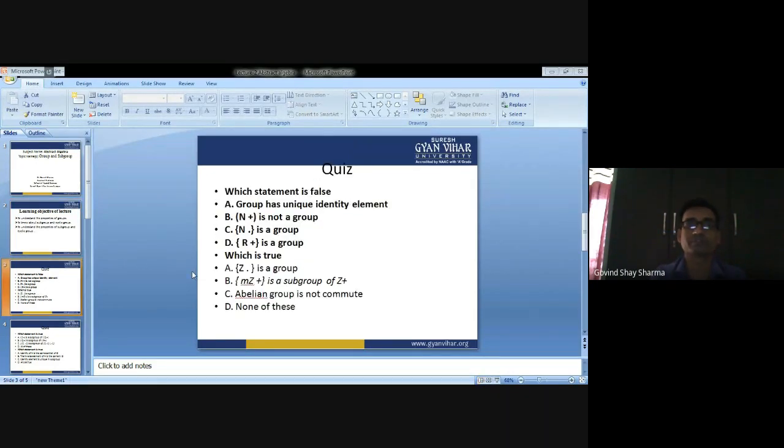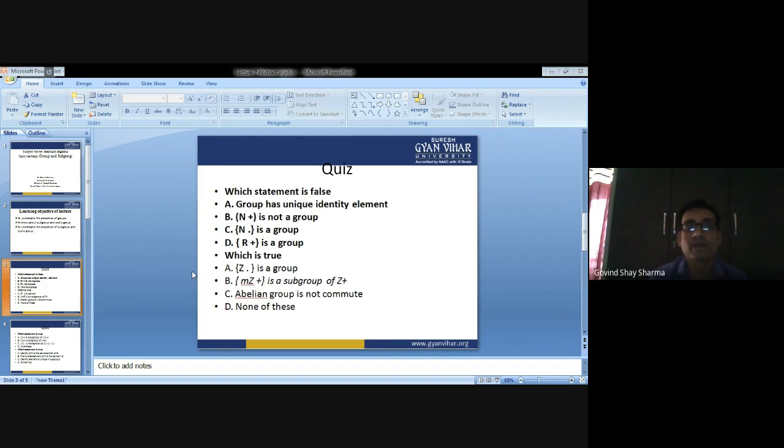Which statement is false? A group has a unique identity element. I proved in this lecture that a group has a unique identity element, so this is right. Plus is not a group, this is right because the set has no identity element.